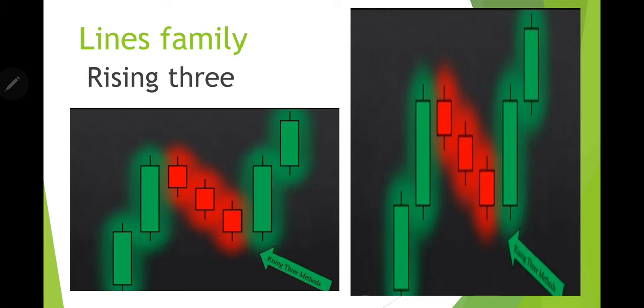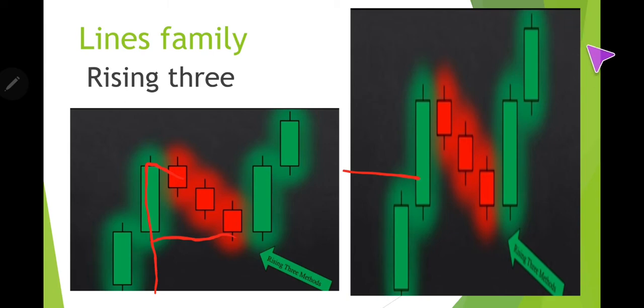In my opinion, the rising 3 resembles a flag pattern, because you can imagine there, like this, it resembles a flag pattern. So a flag pattern or a rising 3 simply means the continuation of that existing uptrend.